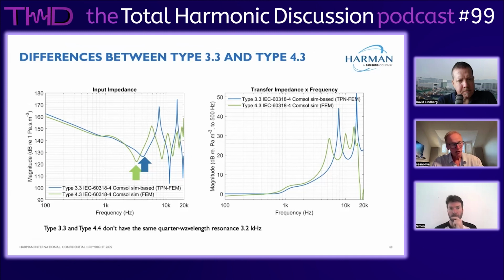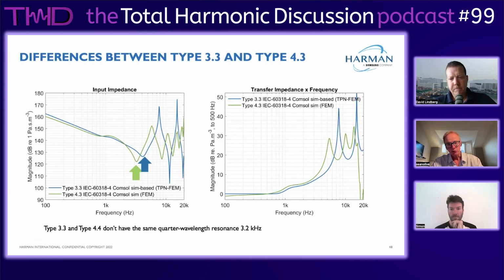It also explains something we could never really explain: why the in-ear target had 4 dB more bass than the over-ear target. Part of the explanation is that when you go from an open ear to a closed ear, the impedance of the ear canal plays a much more important role and interacts with the in-ear headphone.